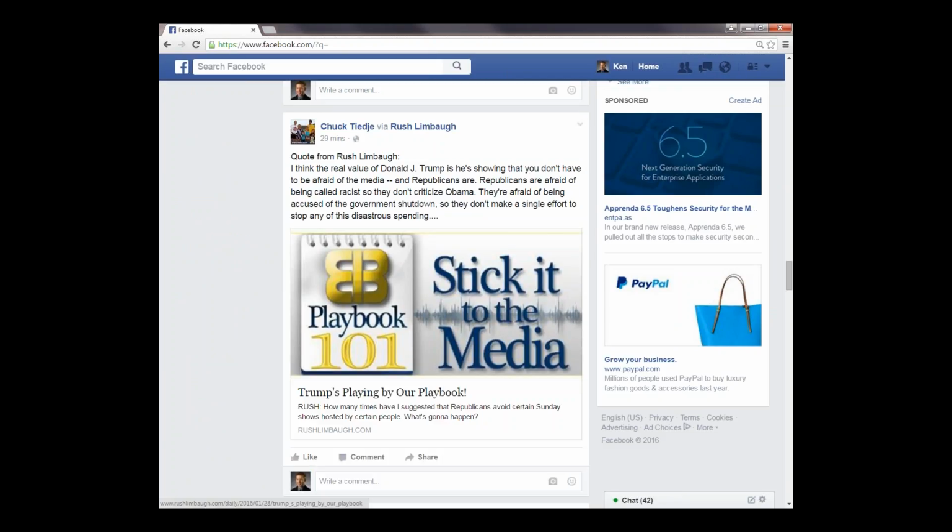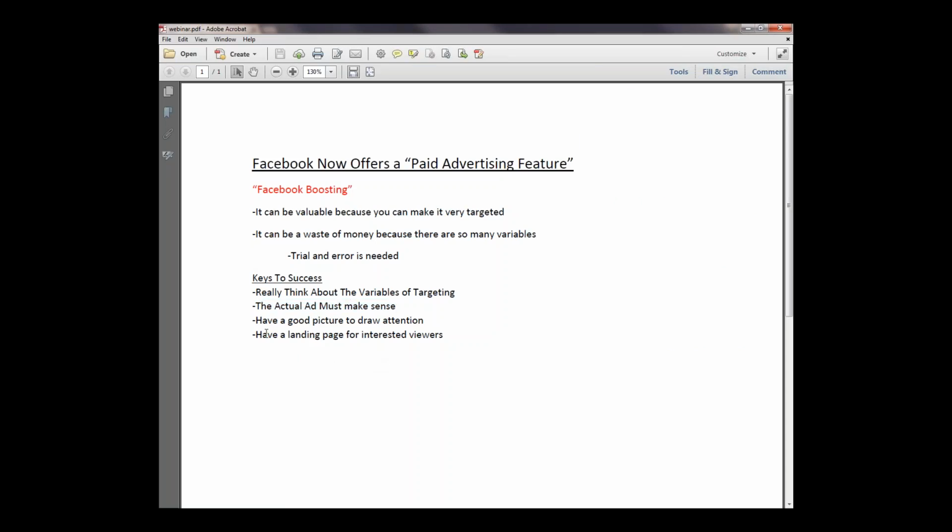So step one, when you're coming up with the ad, is to have a good picture. Step two is to have one or two sentences that paint the picture about what you're trying to promote. And step three is to have what's called a landing page. This is very important, having a page that people can click on and then get the depth of the overview of how you can help them.